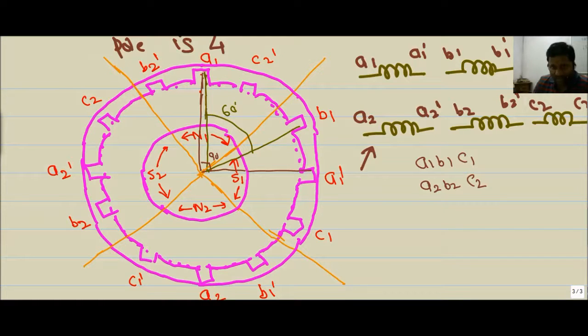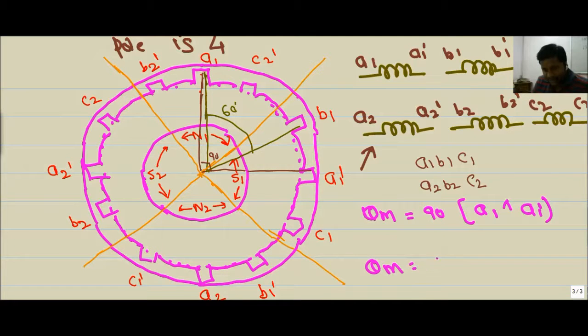So we can say mechanical theta m equals 90 degrees between A1 and A1 dash, and theta m equals 60 degrees between A1 and B1.